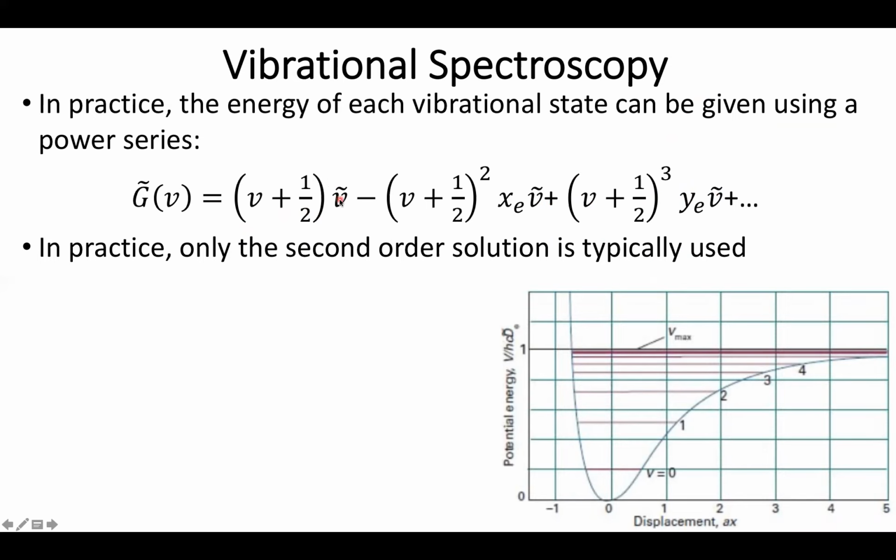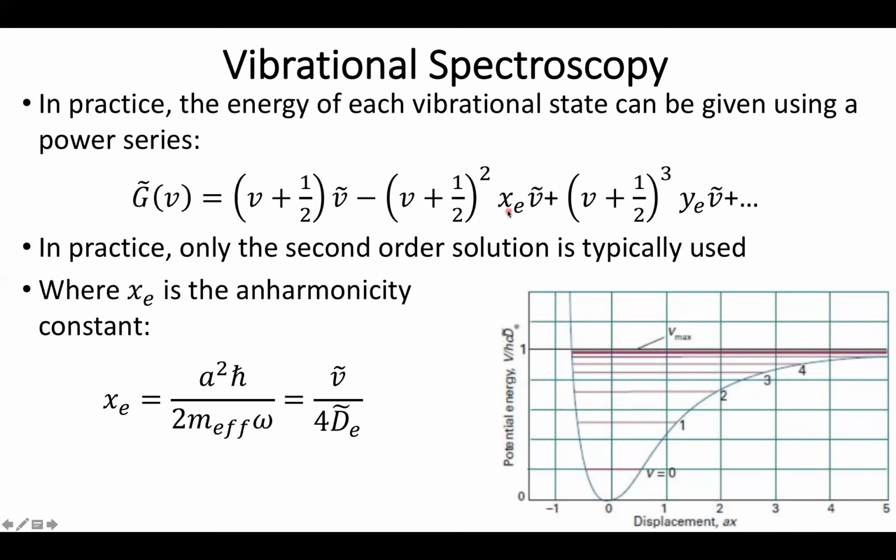However, we know the energy level should be slightly lower than this harmonic oscillator solution. And this comes up in the second order solution, where I'm going to reduce this by the squared term of our vibrational constant, v plus 1/2, times what's called the anharmonicity constant times our vibrational constant.